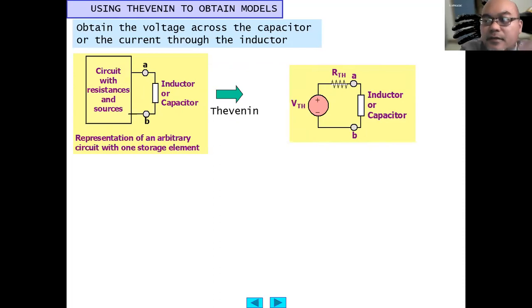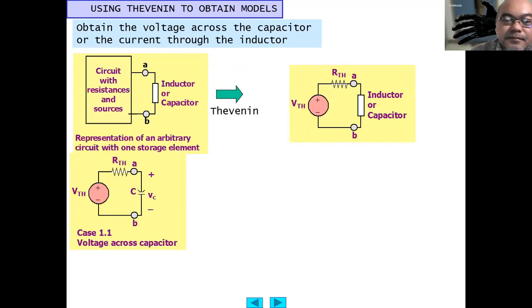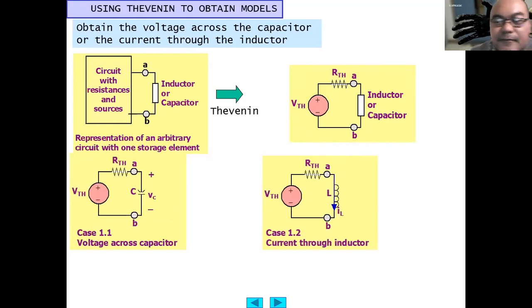Then, using the Thevenin approach, the circuit with all the resistances and sources can be replaced with an equivalent Thevenin source connected in series with an equivalent Thevenin resistance. Case 1 is when it is the voltage across a capacitor, and case 2 is when it is connected to an inductor, where we calculate the current through that inductor.